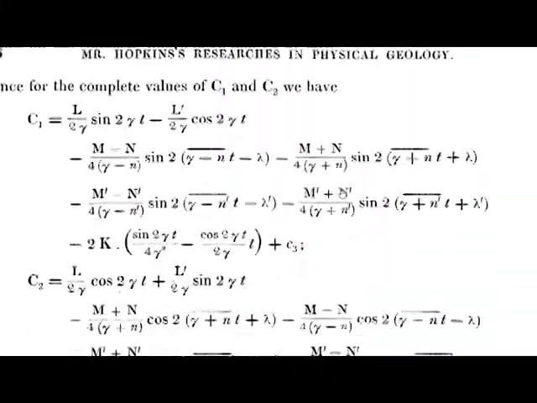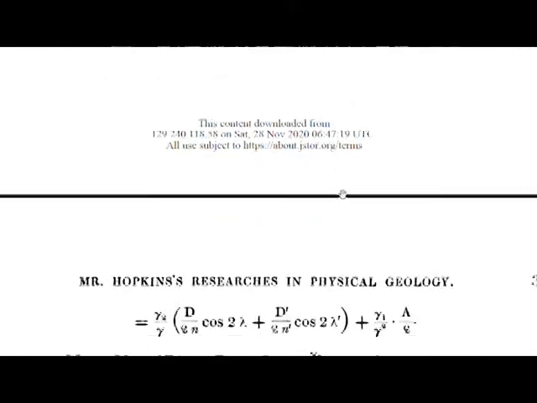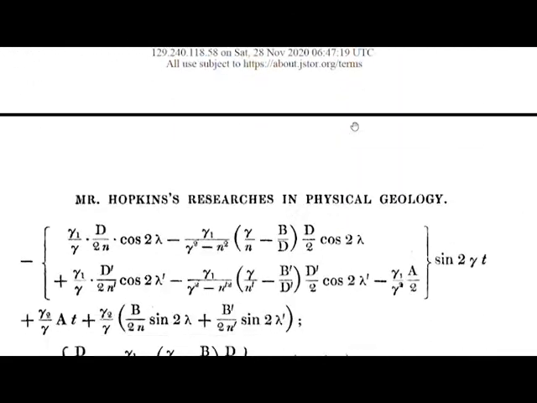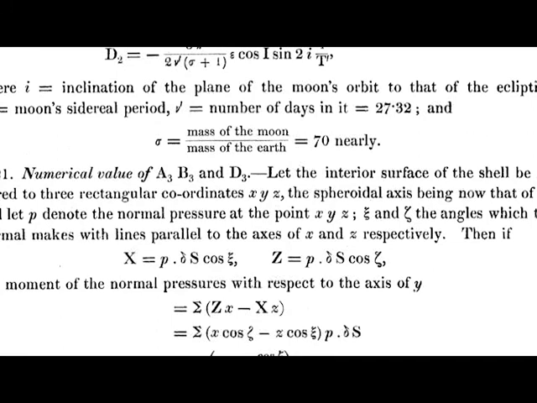If you want to go through them yourself, you can look at the article. But the conclusion is that it's totally possible for the Earth to have a fluid interior, and so that's the main point.